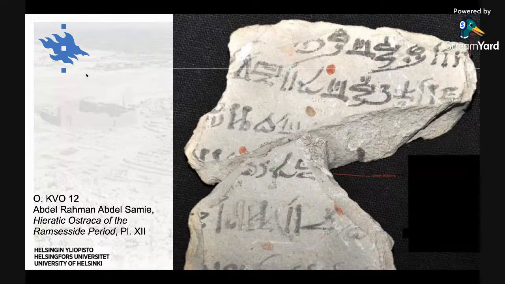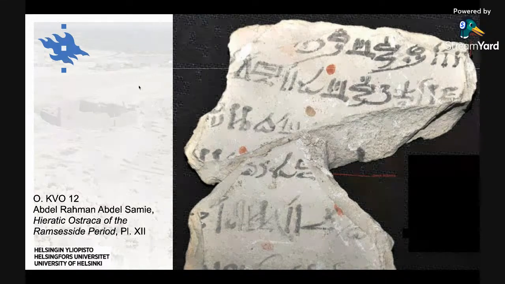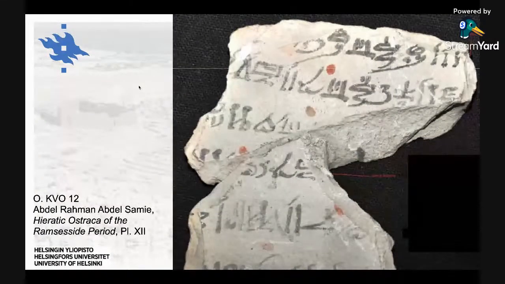Hieratic could also be written from up down, but at least in the non-literary texts of the New Kingdom, it was generally written from right to left, so this way. And the red spots here indicate verses, as this is a literary text.